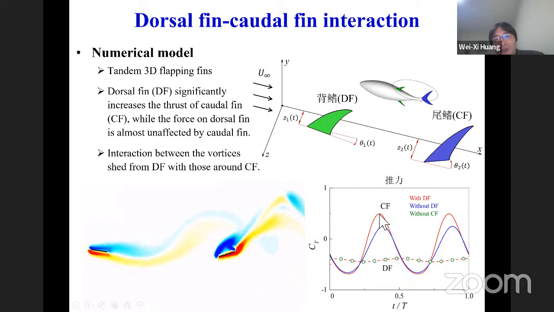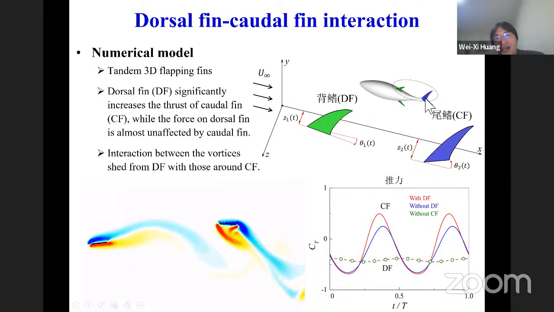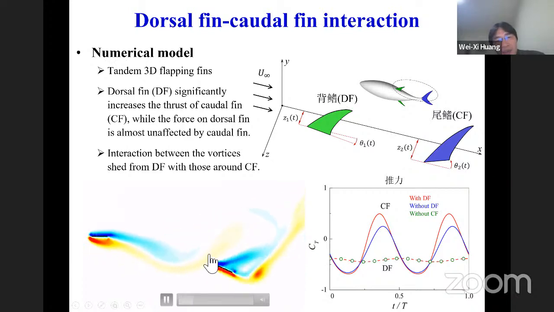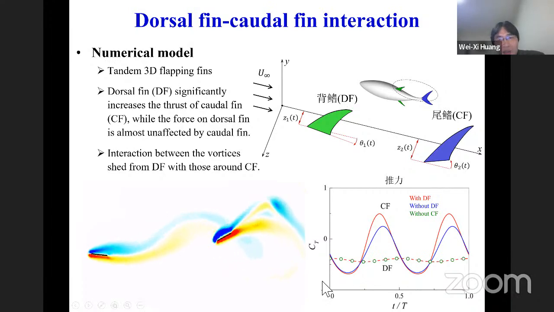So with dorsal fin and without dorsal fin, the thrust force can be enhanced. The reason is due to the vortex interaction between the caudal fin and the dorsal fin.